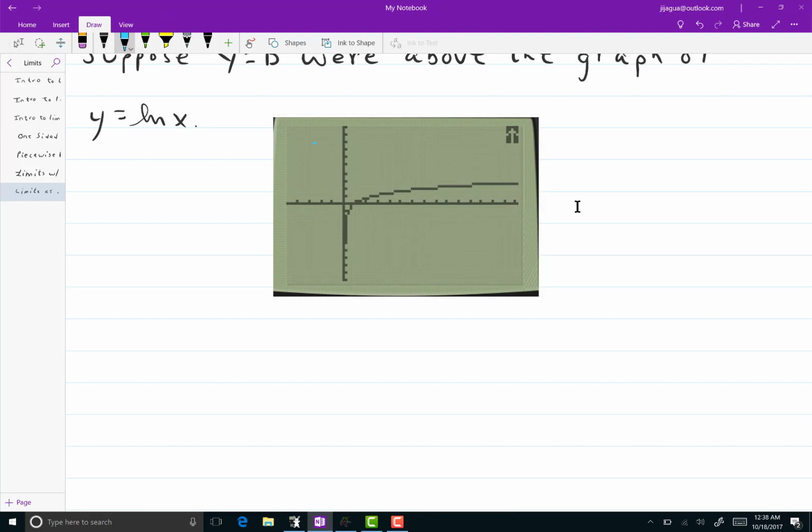So let's say this line y equals b is completely above the graph, or you think you can come up with some line that's completely above the graph.